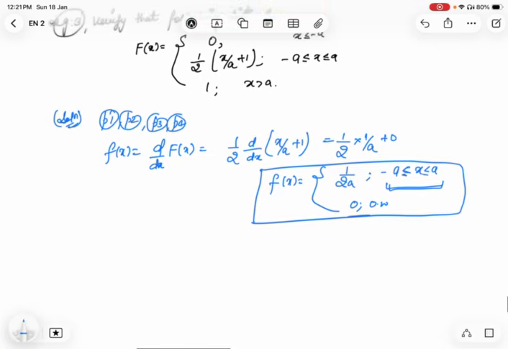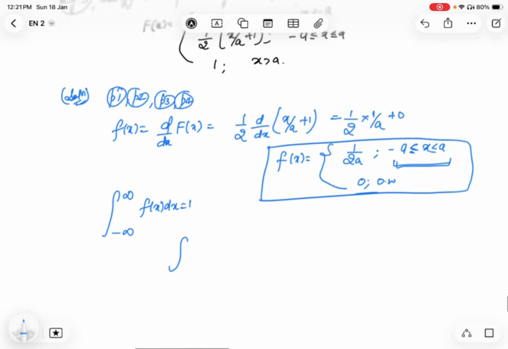Now we have to check. The integral from minus infinity to infinity of f(x) dx should be equal to 1. So take the integration between minus a and a of 1 by 2a dx. It is 1, so it is a valid PDF.